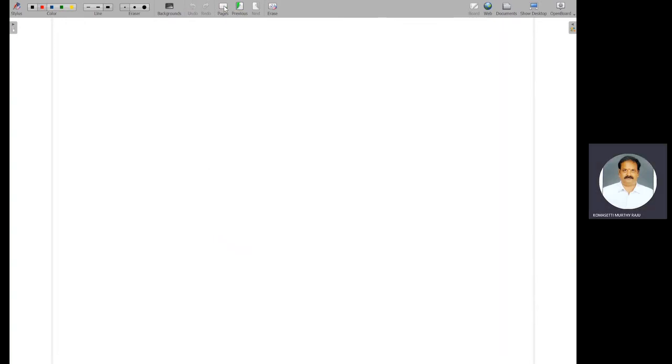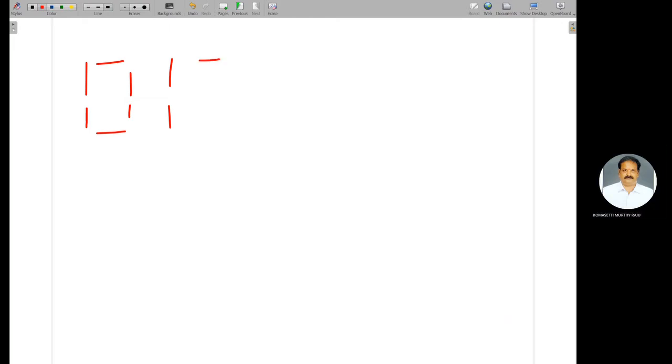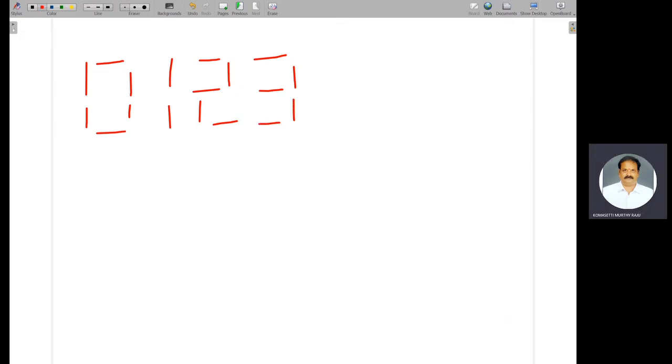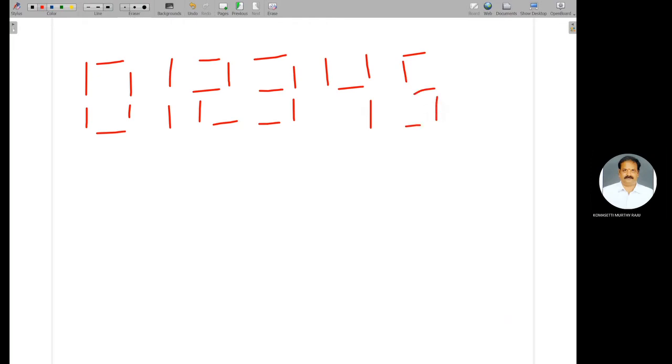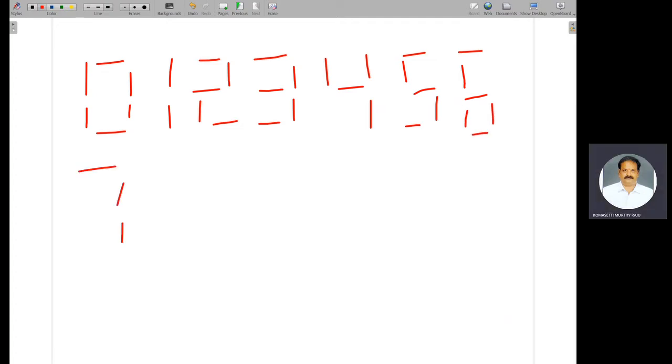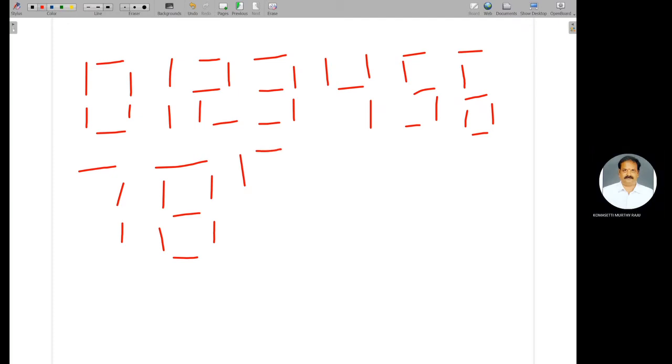If you want, by using common anode configuration, to display these numbers on the screen: this is the 1, 2, 3, 4, 5, 6, 7, 8, 9.